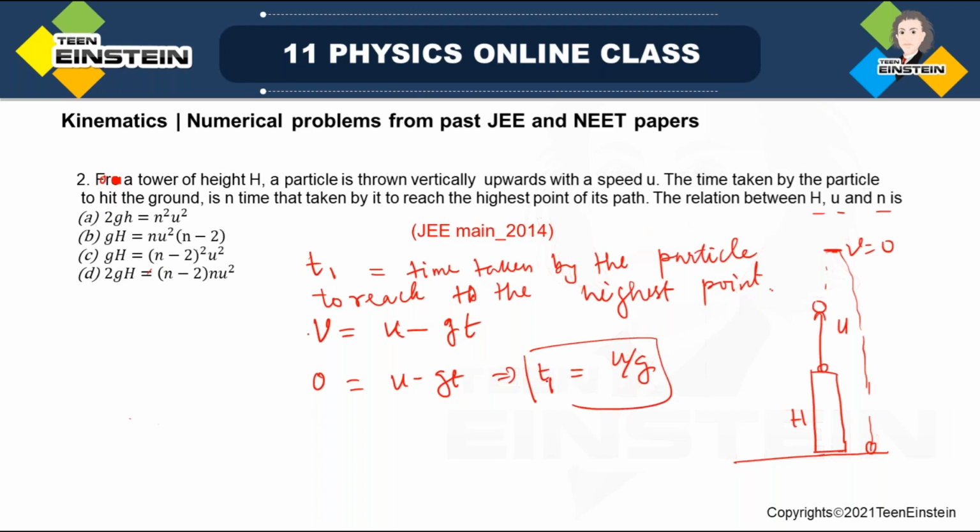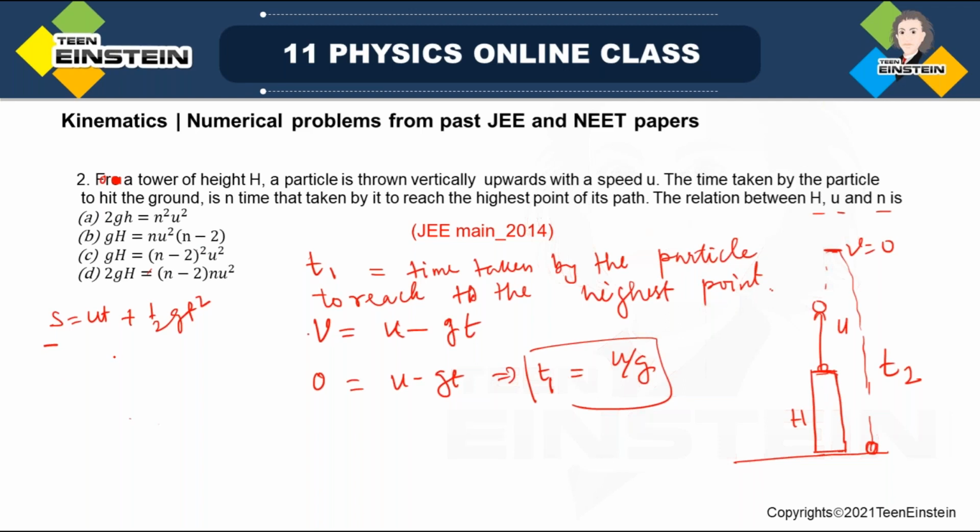Now the question is when this should come here. I'm just taking that it takes time t2 to come and hit the ground. Then we can write s equals ut plus half gt square if we think from the highest point. But we have thrown it from some height over here, already this much height was there.